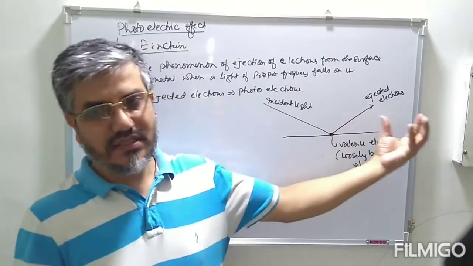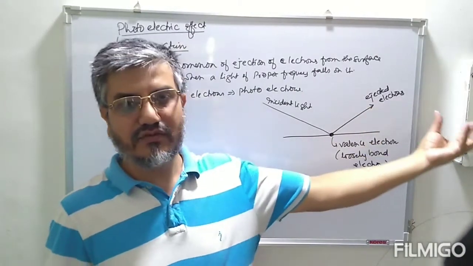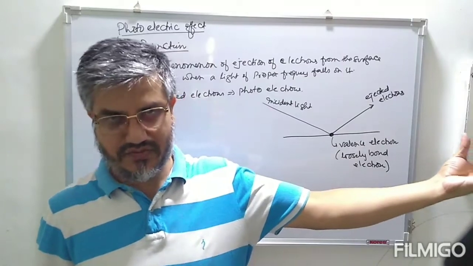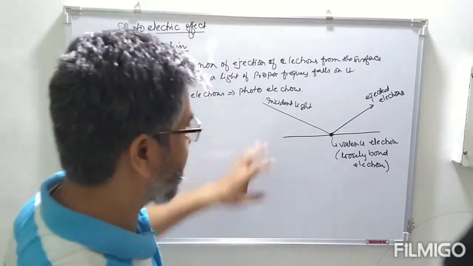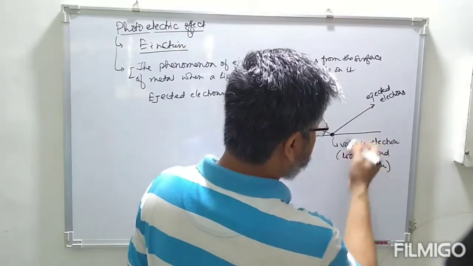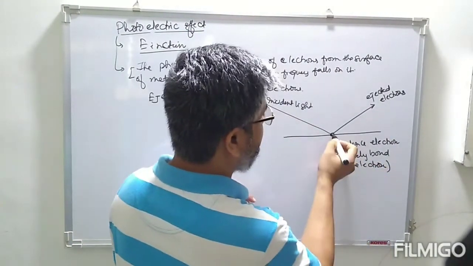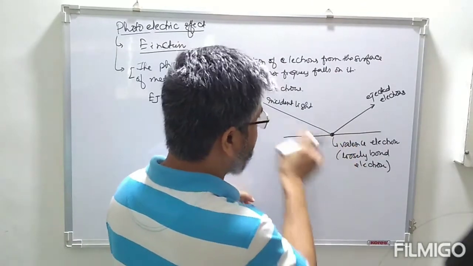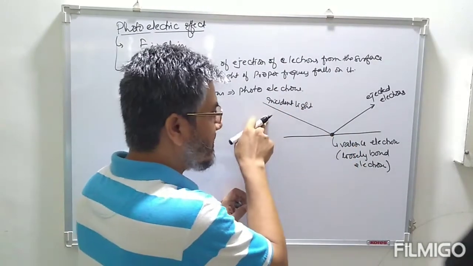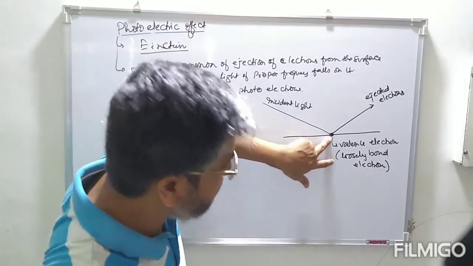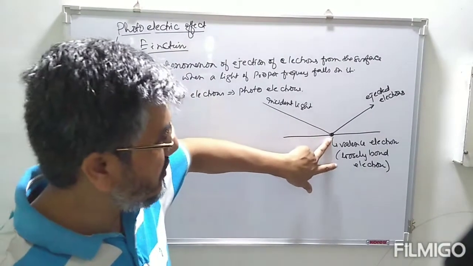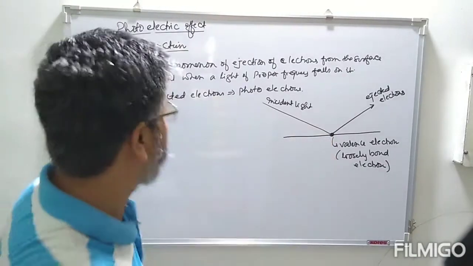After this, the excess energy is converted into kinetic energy of the ejected electrons. So this is the phenomenon of photoelectric effect. A valence electron or loosely bound electron is to be completely removed. For this, you have to supply energy, and this energy must be greater than the minimum energy required to break the attractive force between electron and the proton.